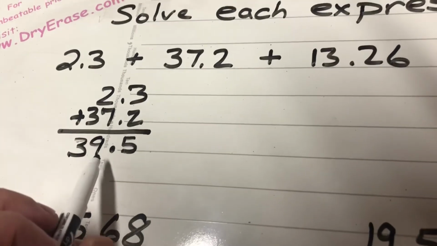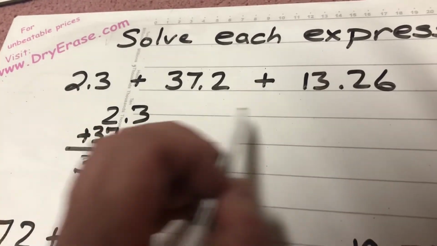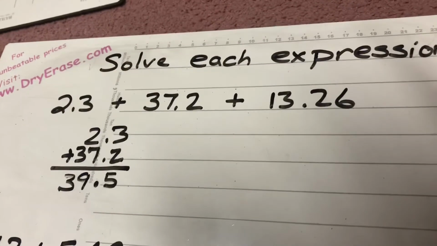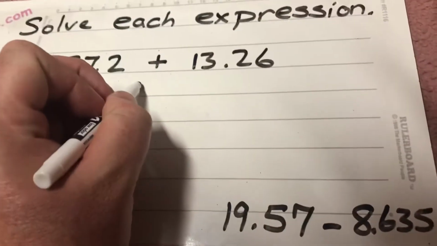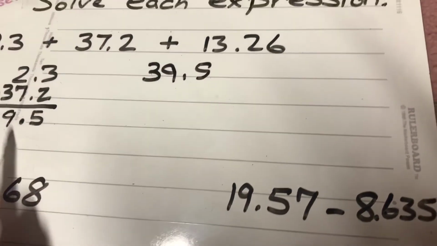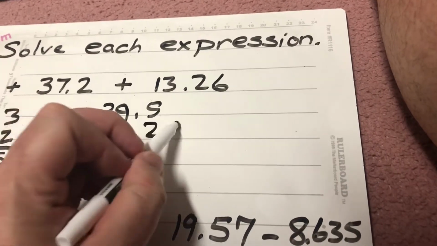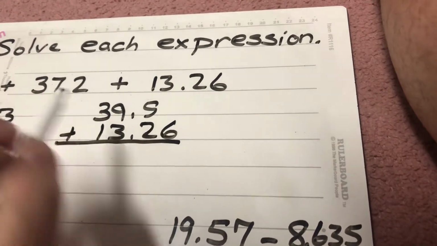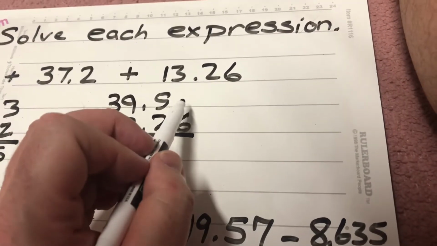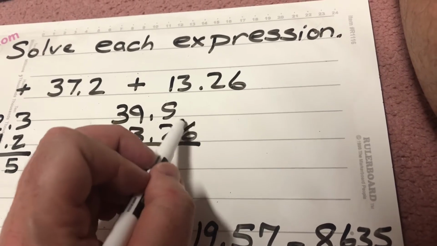Don't be in such a rush, fifth grade. You forget to do the second part. You now have to add 13 and 26 hundredths. So I'm going to come over here: 39 and 5/10, which is the answer I got over here, plus 13 and 26 hundredths. Well, remember, there's nothing there. That's like a 0. You can insert that 0 if you want.